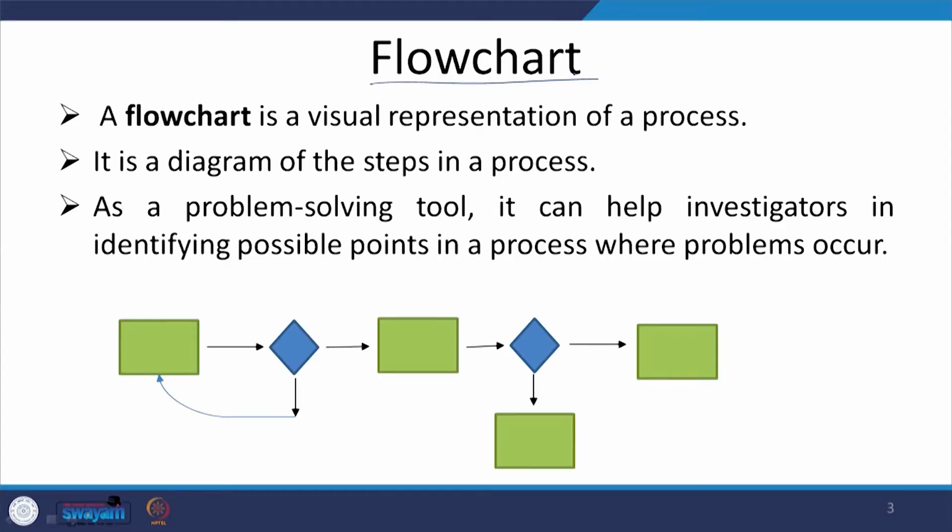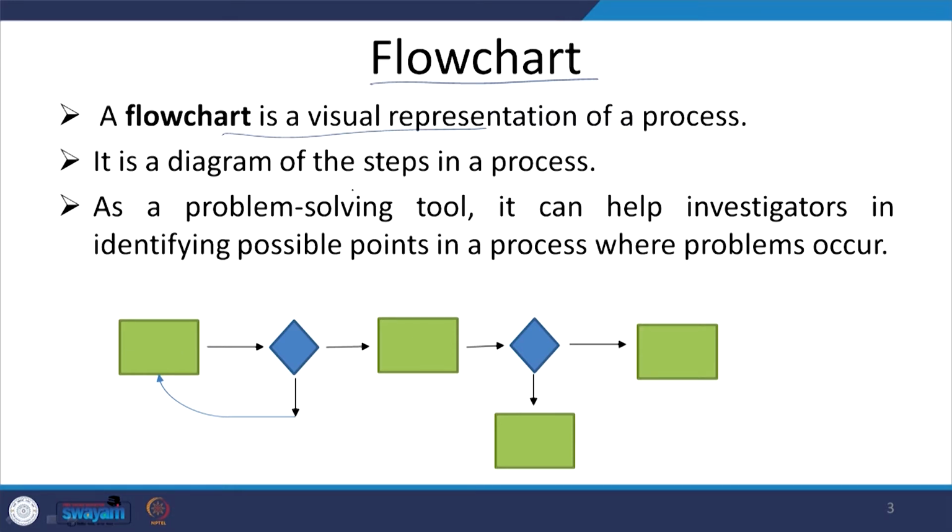The first of the series is the flow chart. The flow chart is a visual representation of the process. What are the different steps you are doing in your process from entry to exit? You have to visually display that. Like this is a small diagram where we are showing you these different steps.